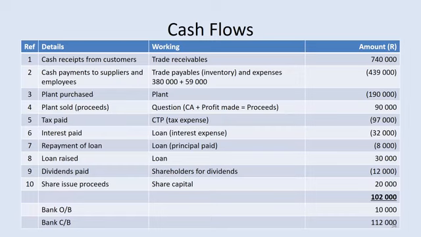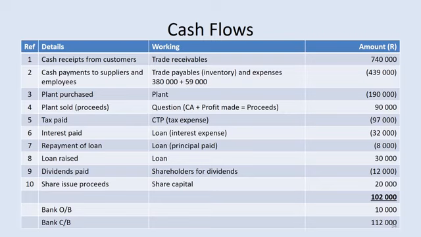We then have a nice little cash flow table, and I found this quite important to use because it's a nice way to show you how everything we've calculated up to this point, which I've given little references 1, 2, 3, 4 to 10, is reflected in the indirect and the direct method. Our cash receipts from customers: what working?